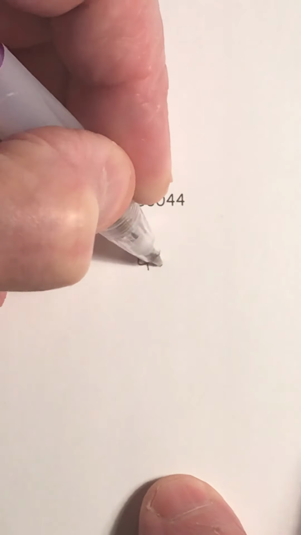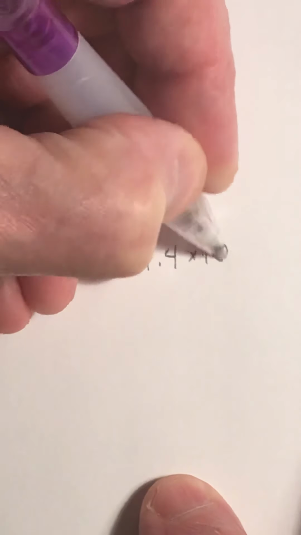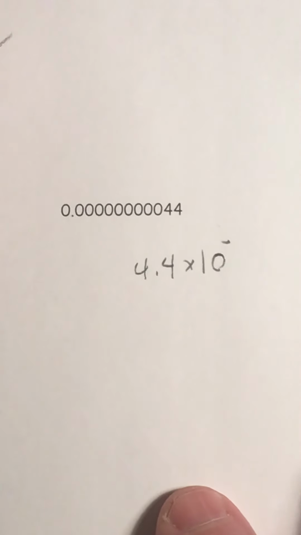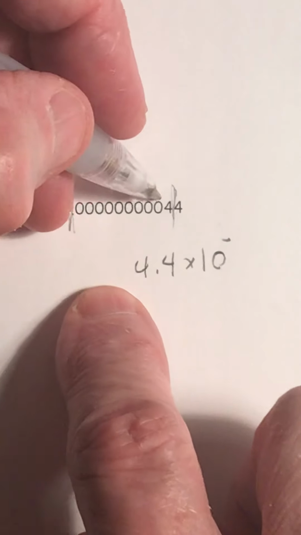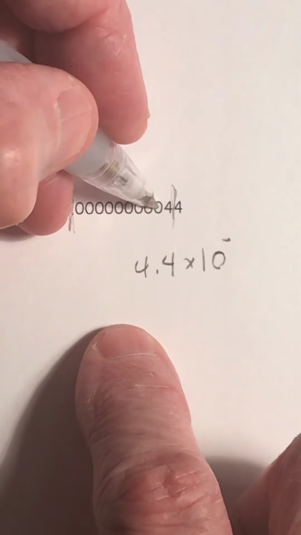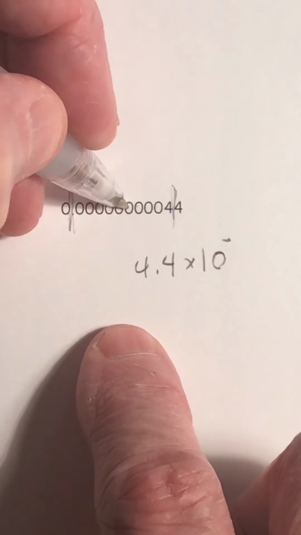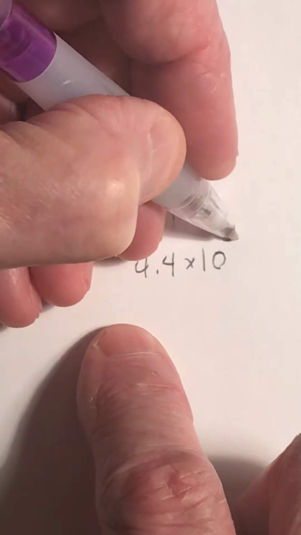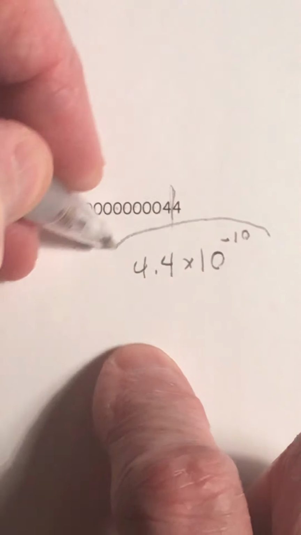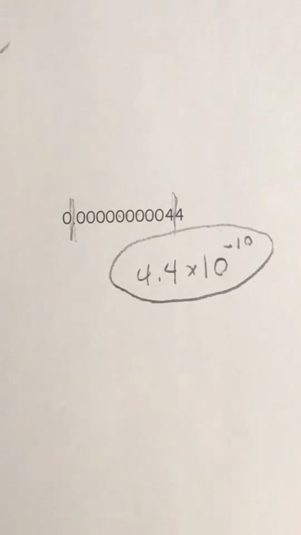Okay, so now maybe this looks easy. We do these last two. 4.4 times 10 to the negative what? Okay, we're starting here. We're going there. How many places is that? 1, 2, 3, 4, 5, 6, 7, 8, 9, 10. Okie doke.